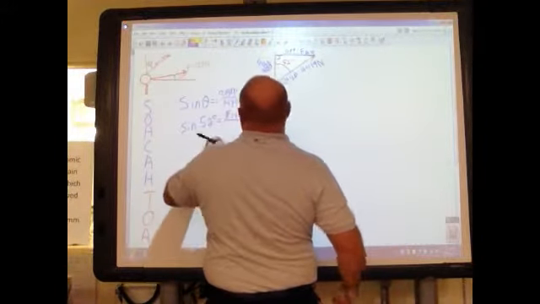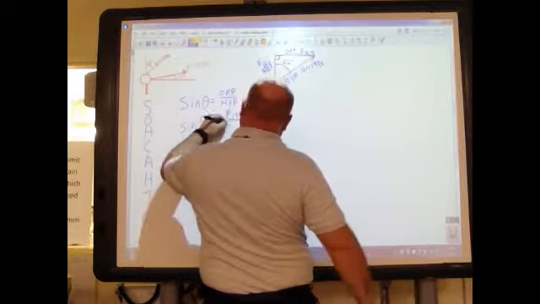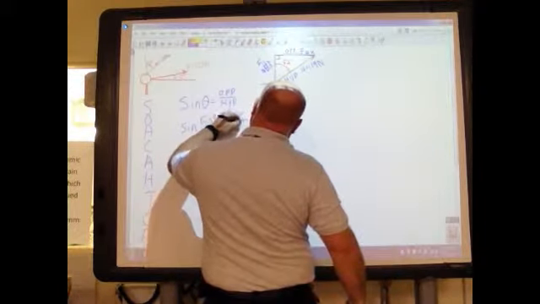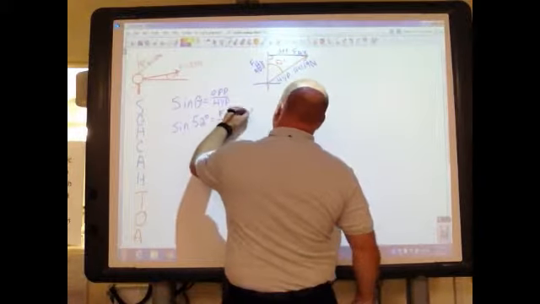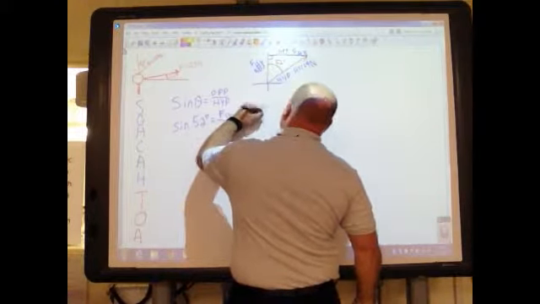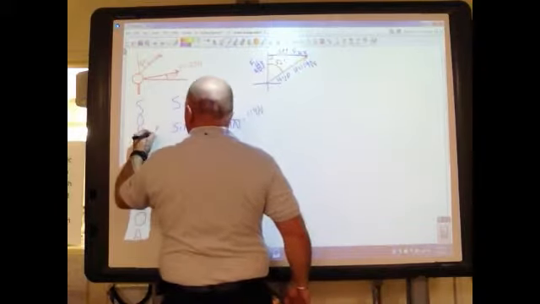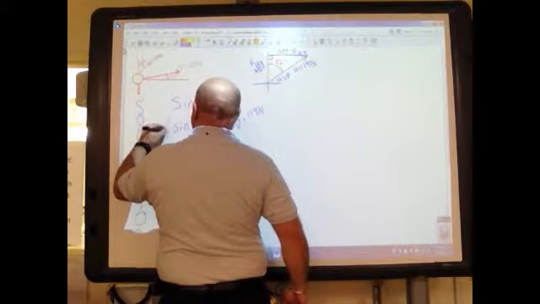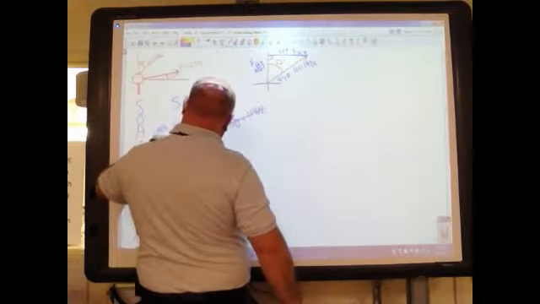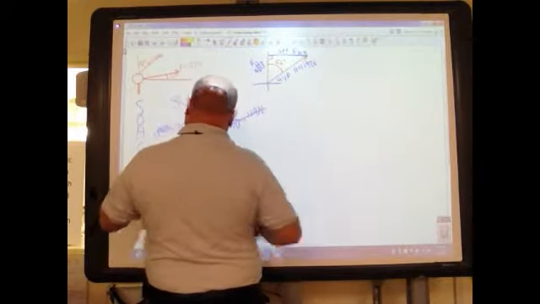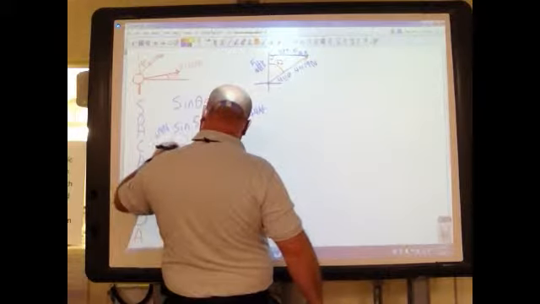divided by 119 newtons, because that is the hypotenuse. Multiply both sides times 119 newtons. That gets rid of the 119 on the right hand side.